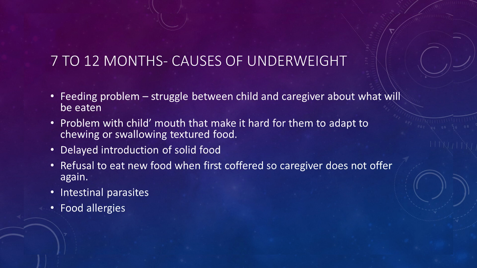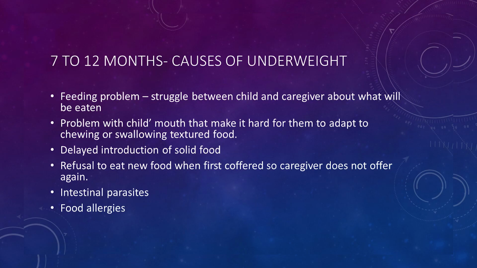So there is a struggle between the child and the caregiver about what will be eaten. The child doesn't want to eat the traditional milk or milk-product diet, he wants something different, and that's why the child doesn't eat these nutritious foods and may end up underweight.